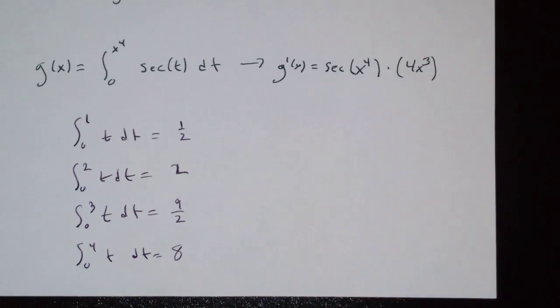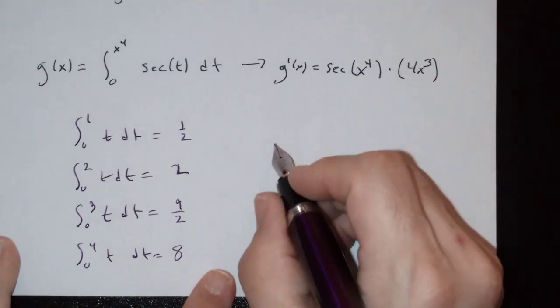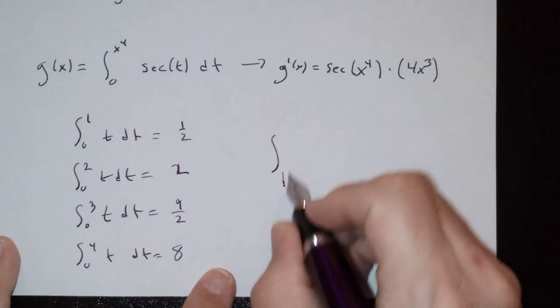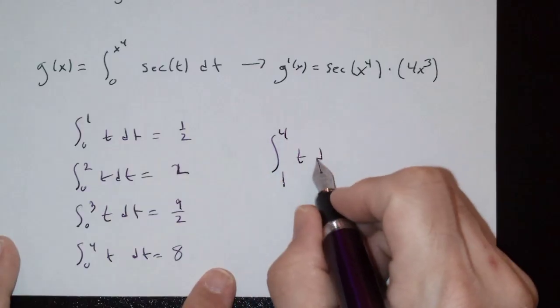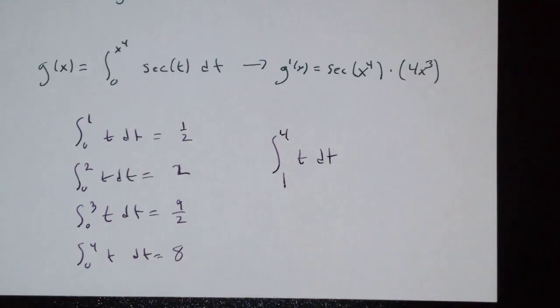We worked out those values based on our picture, right? So here's a question. What if instead of starting at 0, I started at 1? I'm not going to do any calculus. I'm going to do this with geometry again. So let's draw the picture.